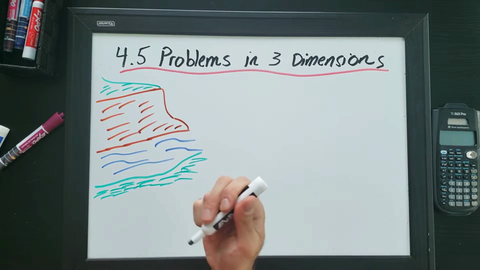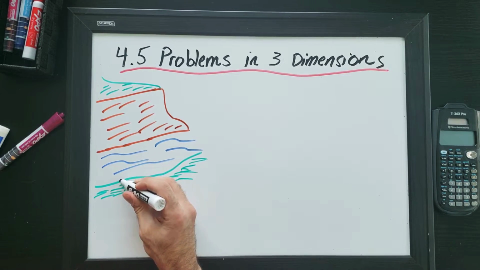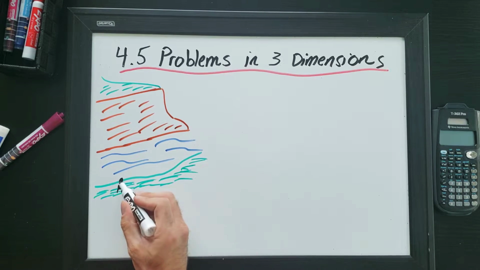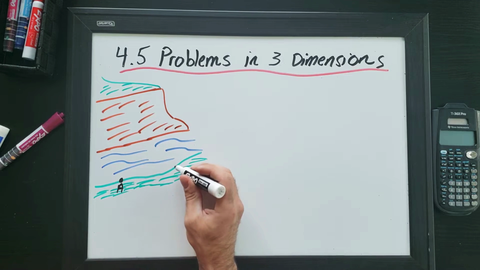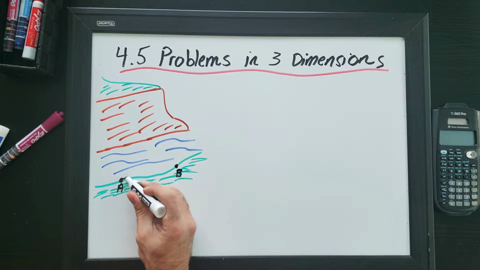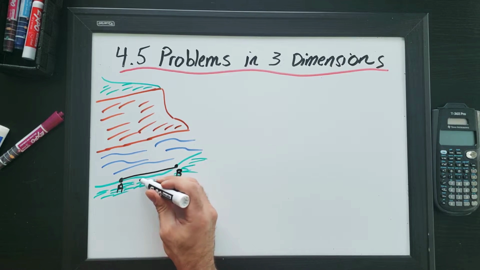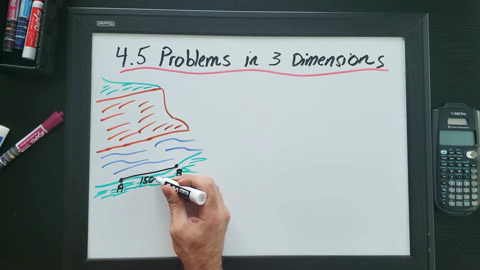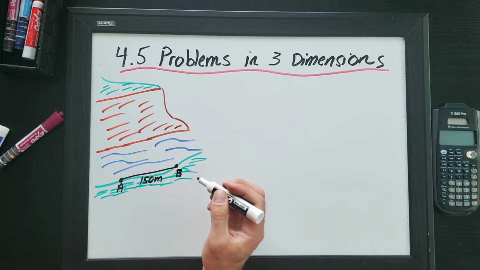So what we have to do first is put a stake in the ground over here. I'm going to call this point A. Then I'm going to measure a second point, and I'm going to call it B. I can figure out the distance of this because I'm on this side of the river. I can measure this, and this is 150 meters.